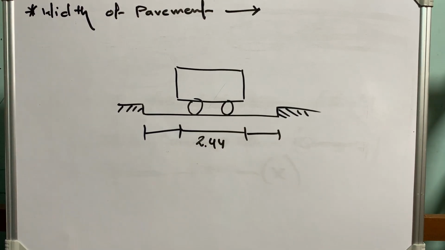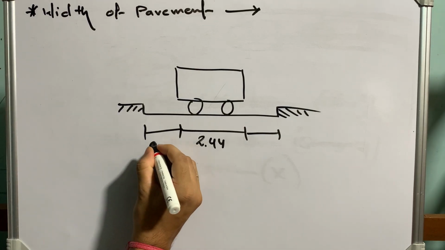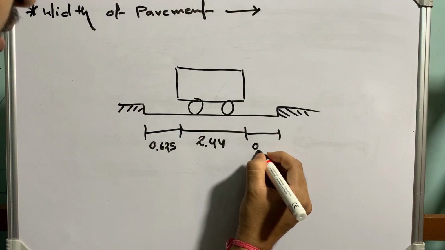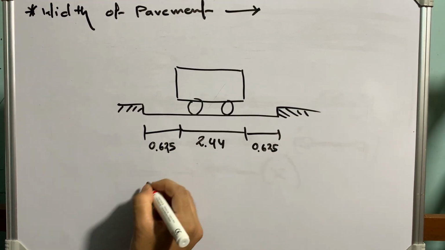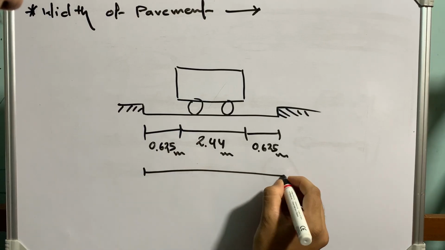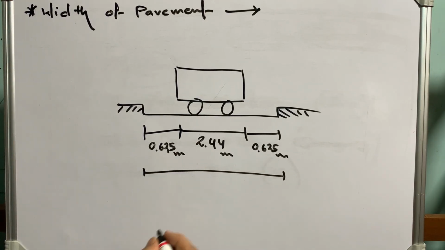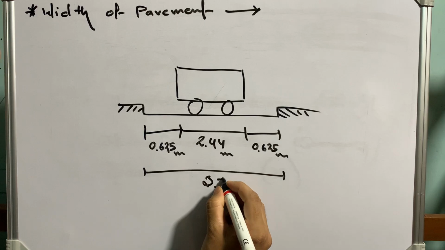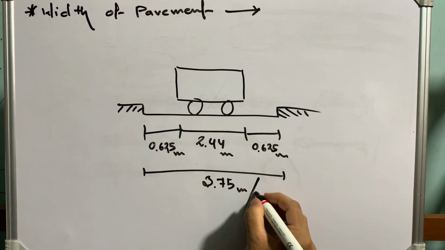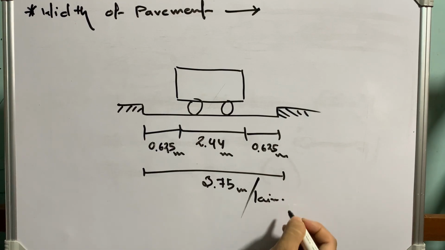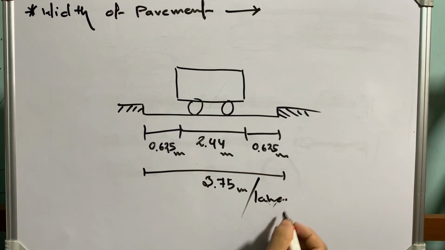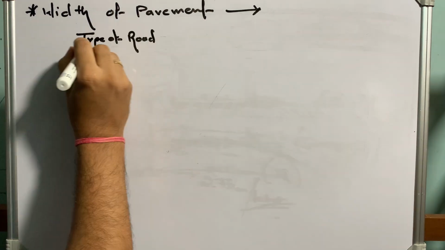The standard width of a vehicle is 2.44 meter, and beside the vehicle you have to give a space of 0.625 on both sides. So the total width will be 3.75 meter per lane. So the width of a pavement for a single lane is 3.75 meter.